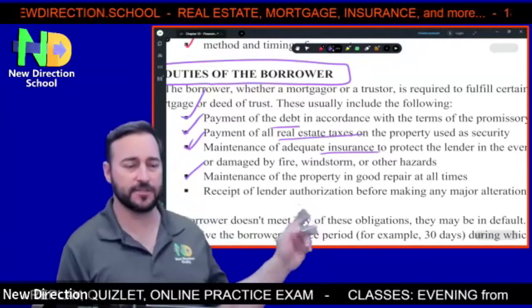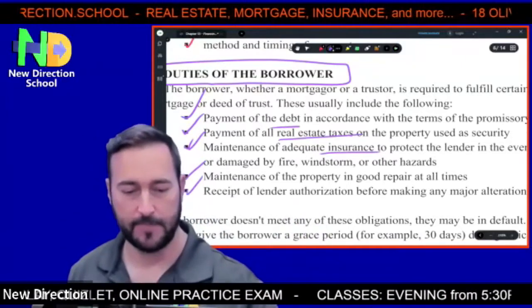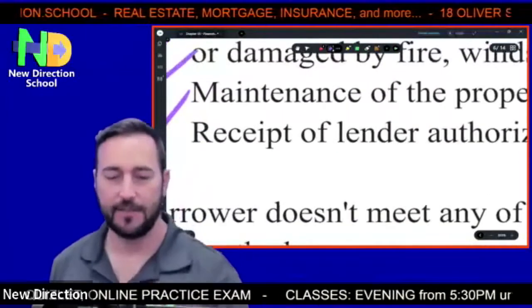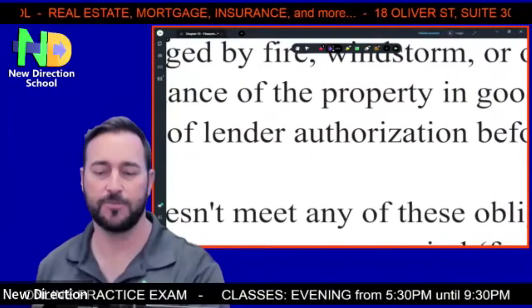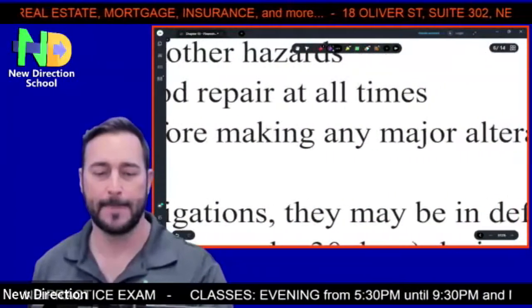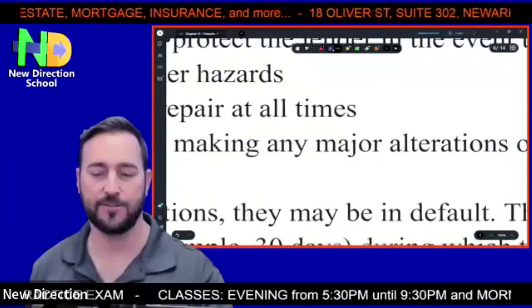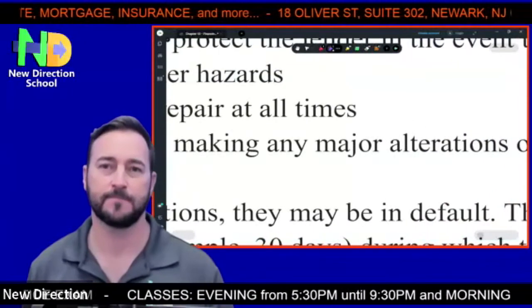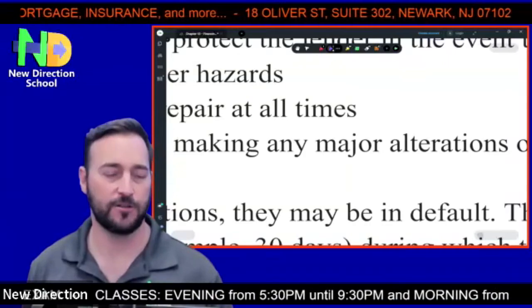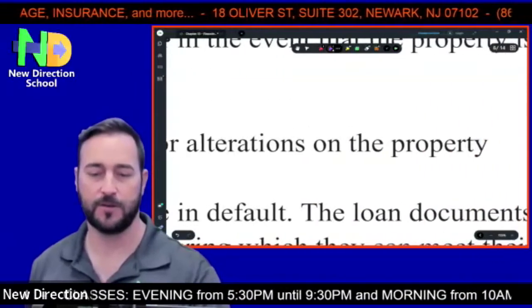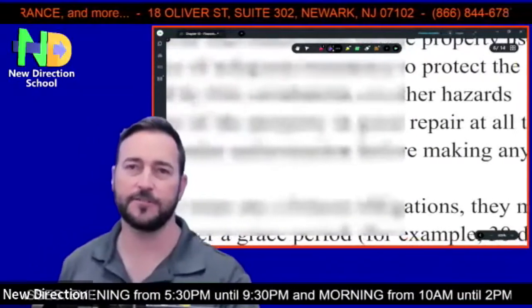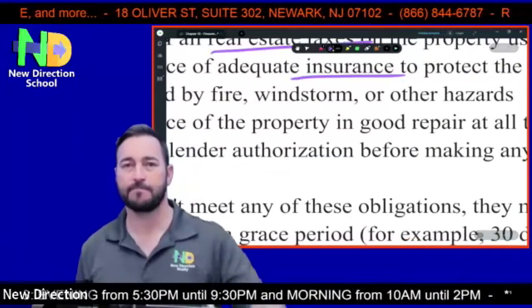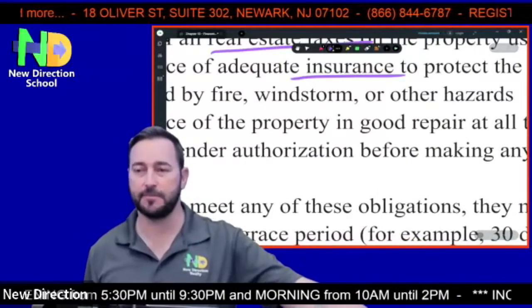And what about this last one? You need to have lender authorization before making any major alterations on the property. So you want to finish a basement? That's a major alteration. You want to add a level? That's a major alteration.